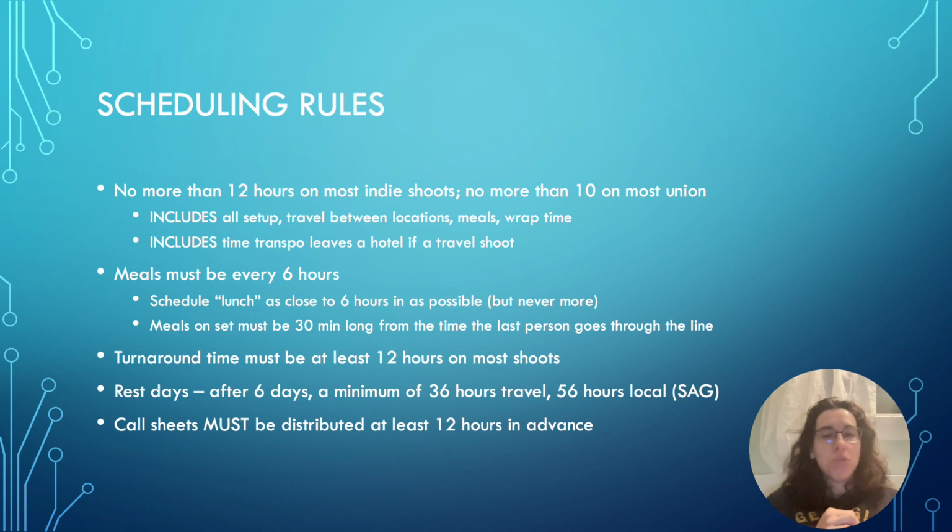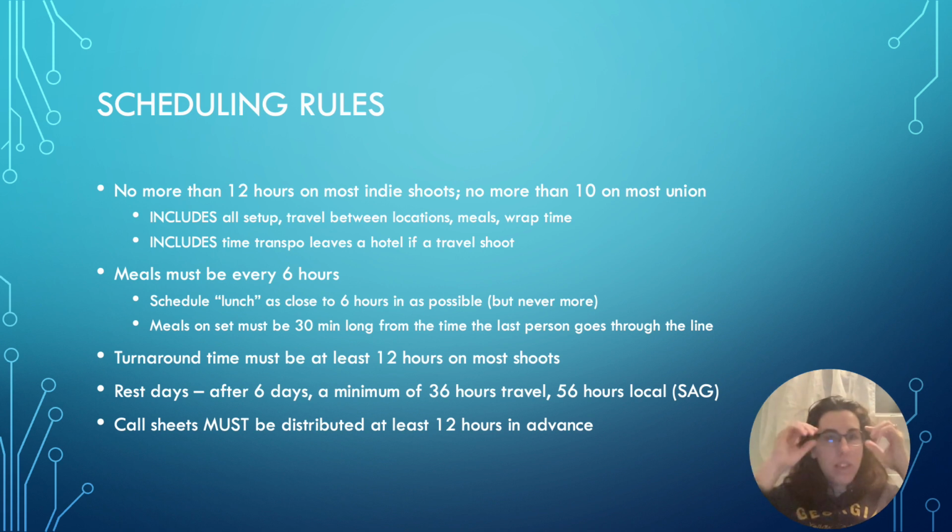The SAG rules for rest days are that after 6 days, if you're on a travel shoot where you're overnight, you have to get 36 consecutive hours of rest. If it's a local shoot where people are sleeping in their own beds at night, it's 56 hours after 6 days. From experience, guys, if you're shooting 6-day shoots and then only give people 36 hours off, it is grueling and exhausting.